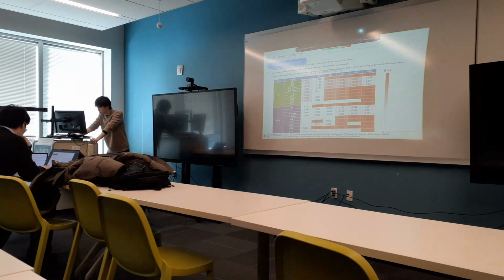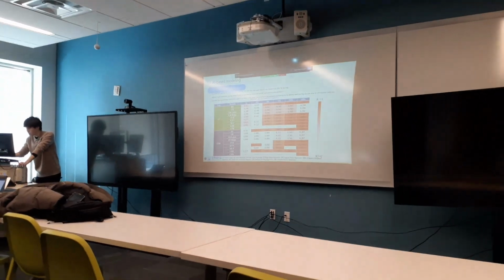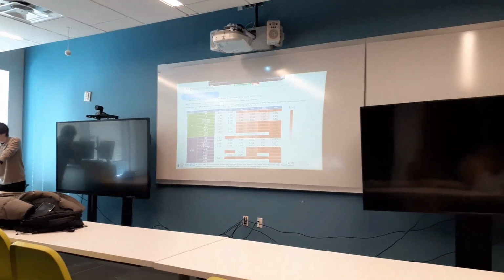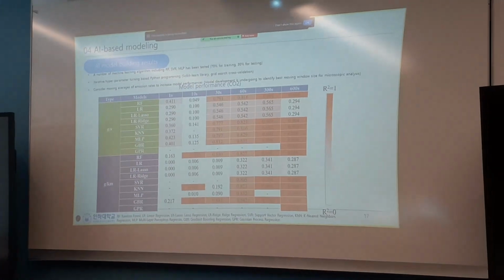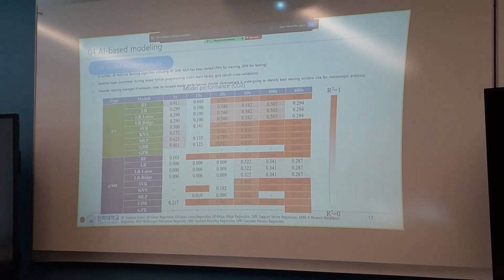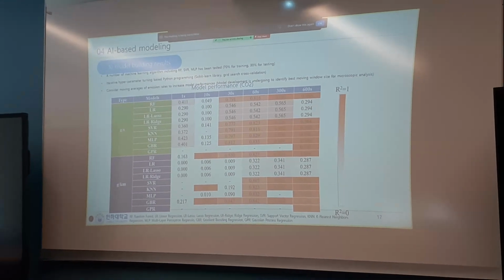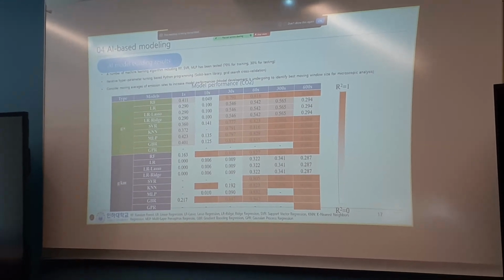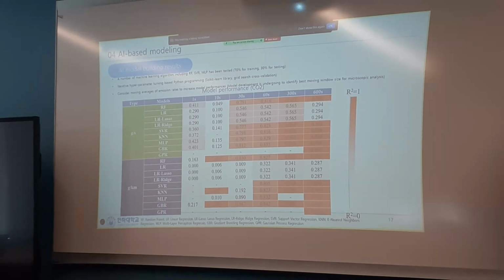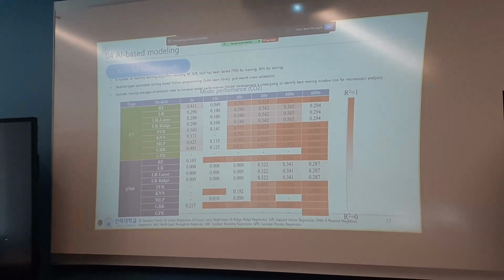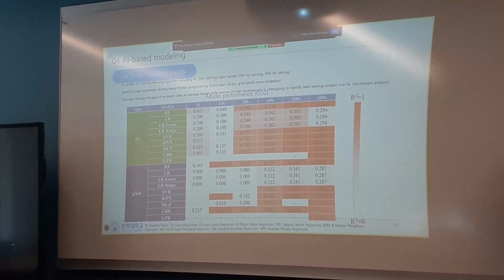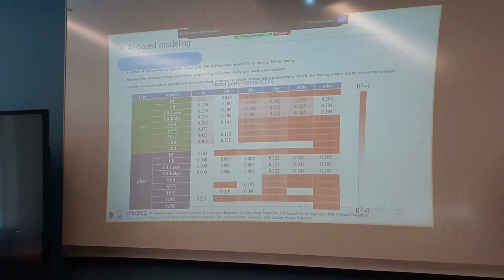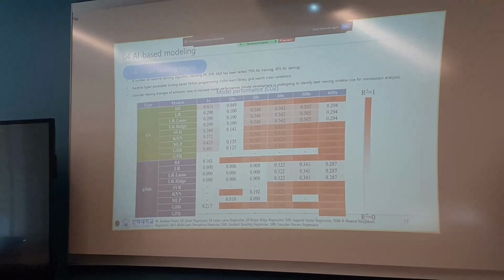A value closer to 1 indicates that the model explains the data well, so the darkest color shows the best fit. This analysis result shows that as the size of the moving average increases, the model's goodness of fit, also called R-square, generally improves.